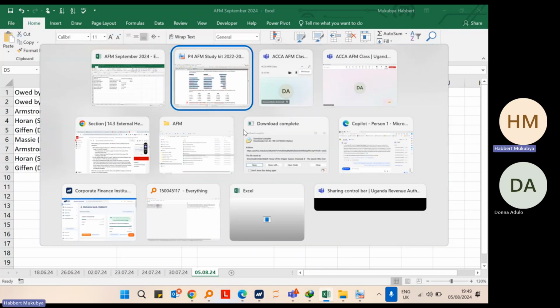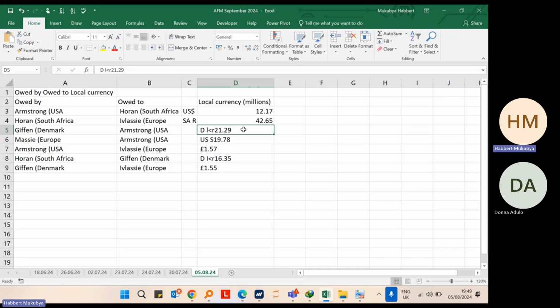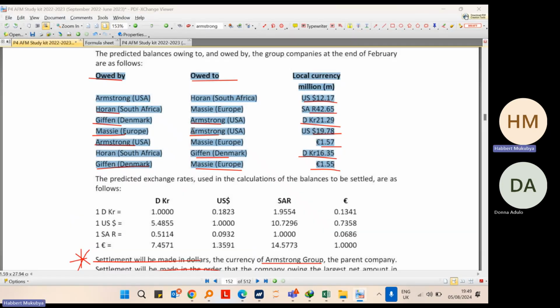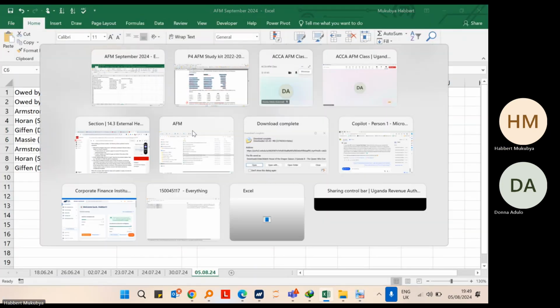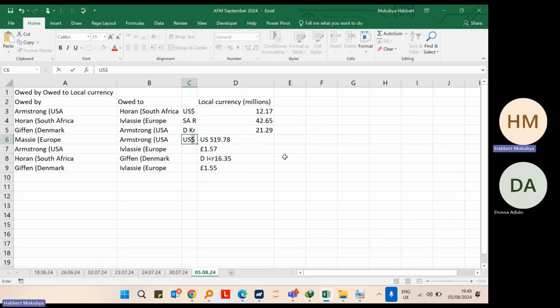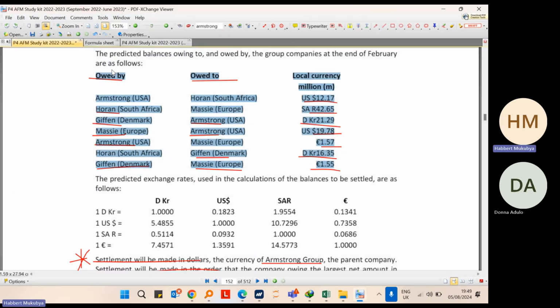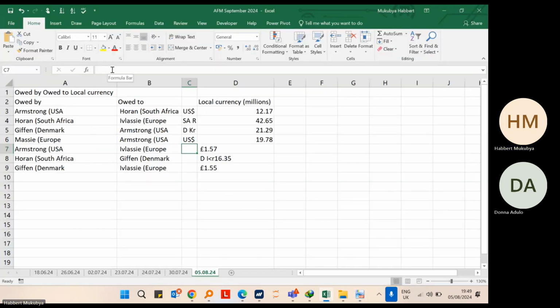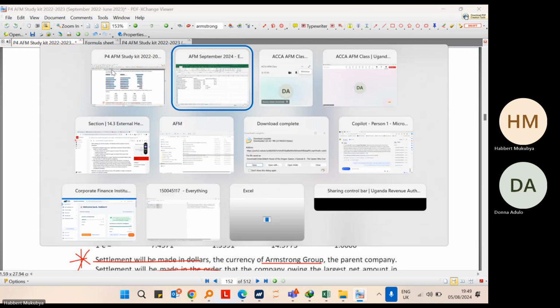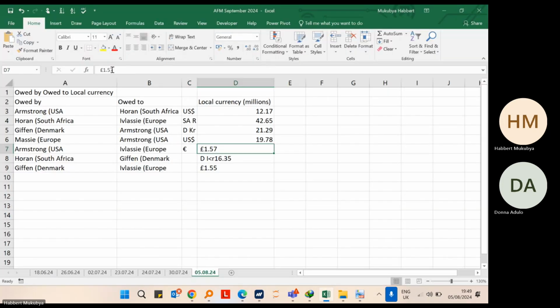Then this one is the Danish krone, 21.29. Then we have here the US dollars, then we have euros, $1.57 million.